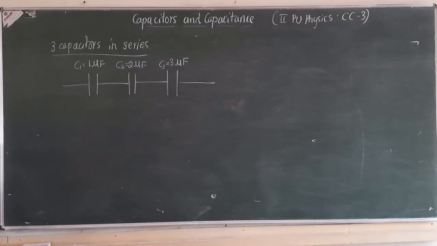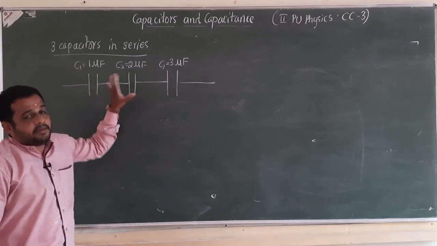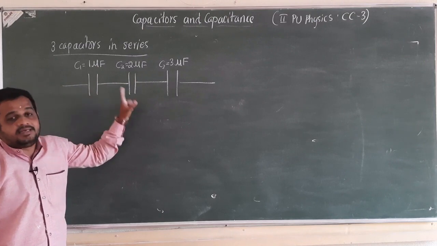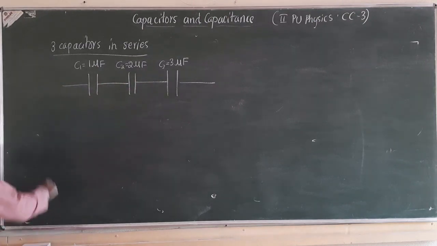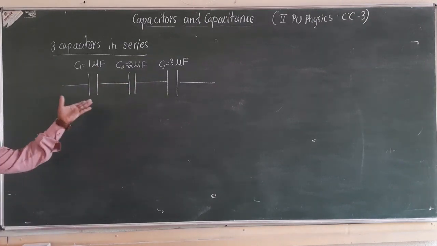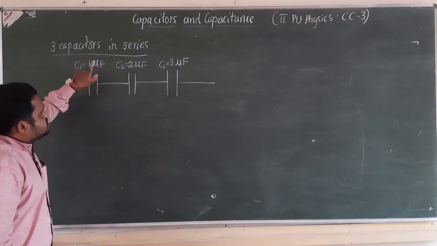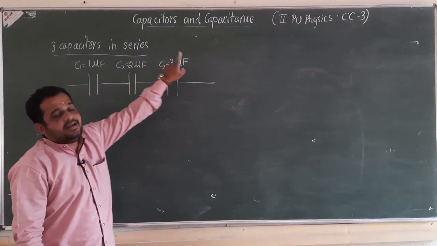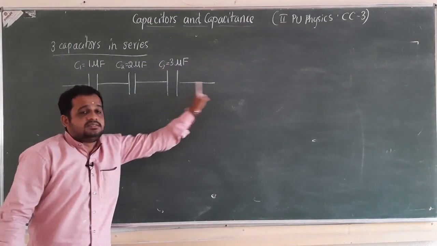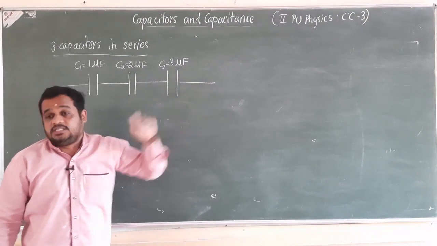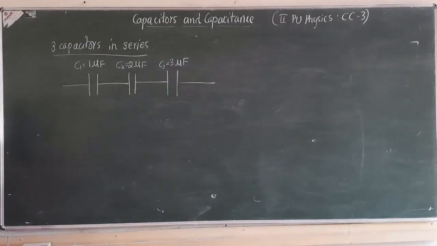Now, what is the effective capacitance or the equivalent capacitance of the combination? Such a type of problem may be asked in the board exam. When 3 capacitors of capacitances 1 microfarad, 2 microfarad and 3 microfarad are connected in series, what is the effective capacitance of the combination?